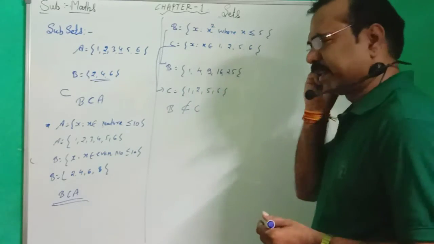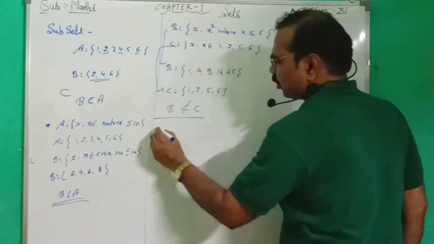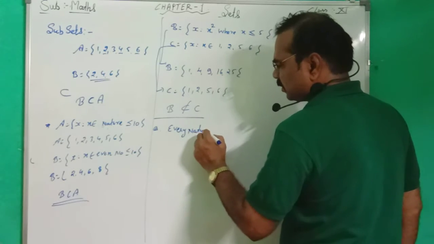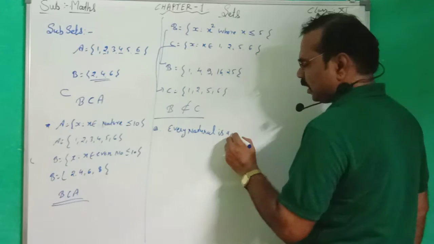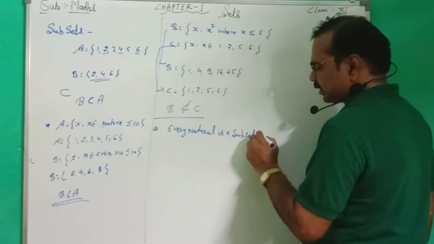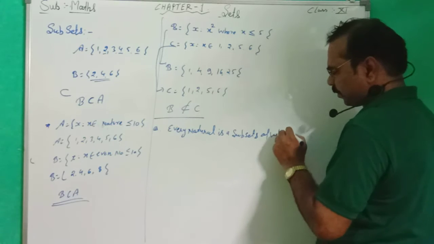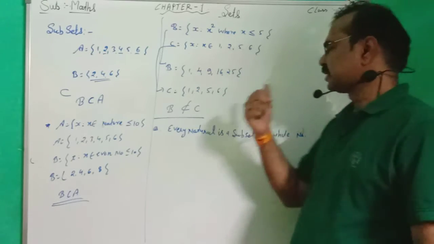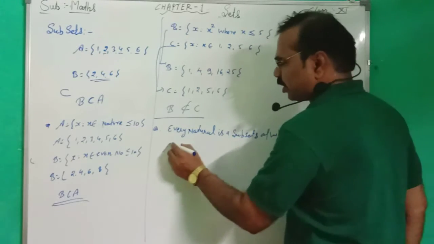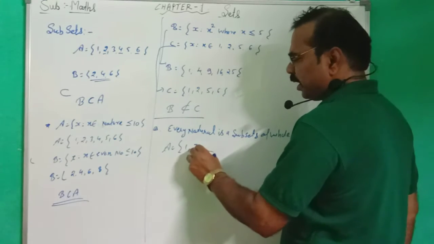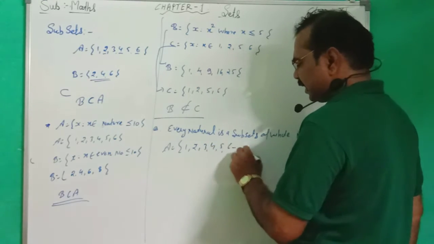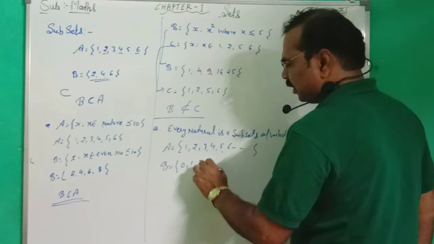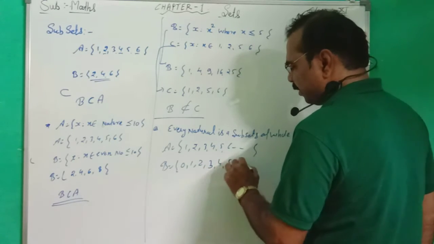Now it is very important that every set is a subset of itself. Now we take another example: every natural number is a subset of the whole numbers. Explain that every natural number is a subset of the whole numbers. So first, every natural number means A: 1, 2, 3, 4, 5, 6 and so on. And the whole numbers start from 0: 0, 1, 2, 3, 4, 5, 6 and so on.